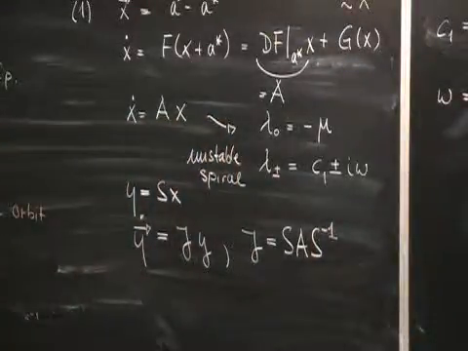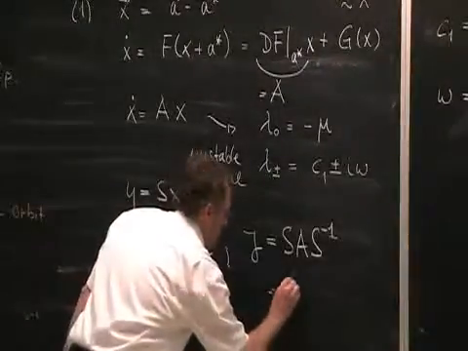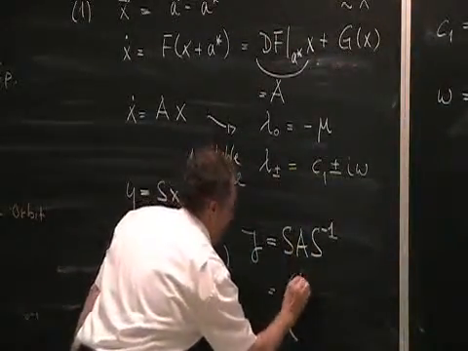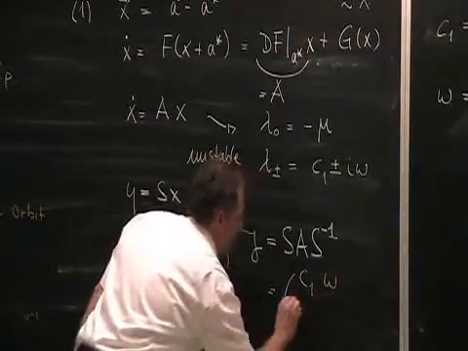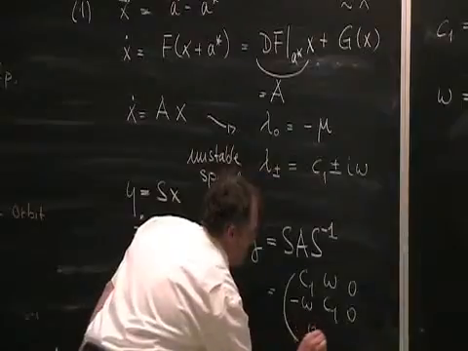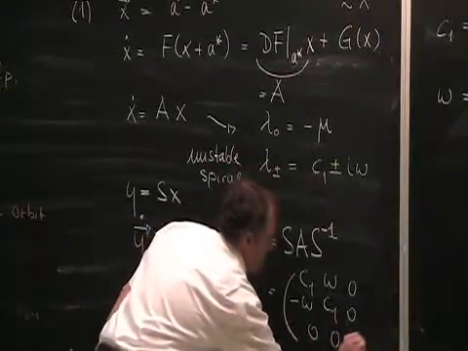It's S A S to the minus 1, and it is just the entries given by the eigenvalues, so it's C1, omega, minus omega, C1, 0, 0, 0, 0, minus mu.